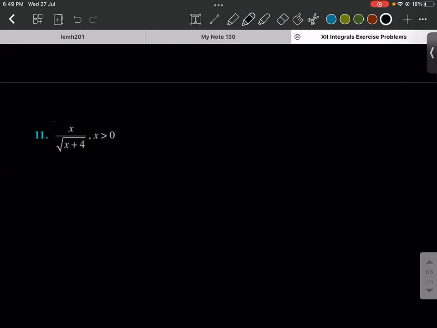So what did you do? You took x plus 4 as t or x plus 4 as t square. T square, anything. Okay. So dx will be equal to 2t dt. Correct?